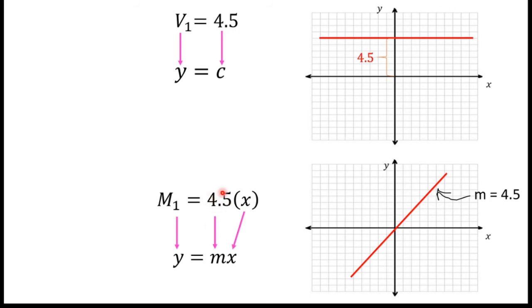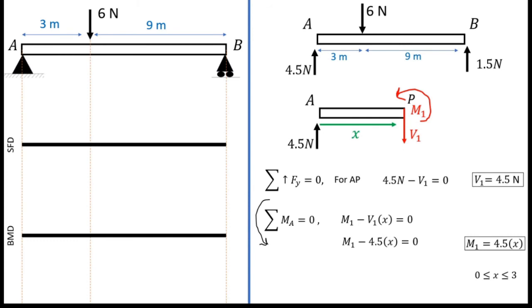So now I can draw these two lines in our shear force and bending moment diagram. I write here 4.5 Newton, a horizontal straight line. For bending moment, I draw a straight line with a slope of 4.5.